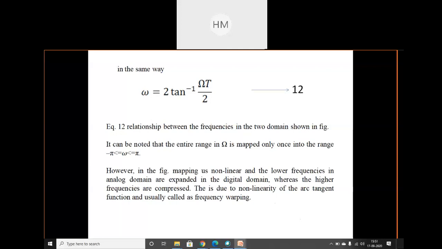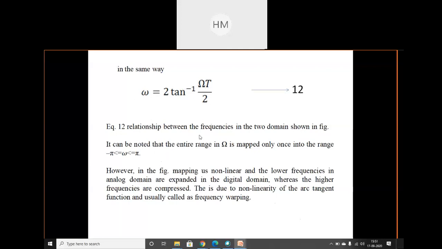Is it clear? So equation 12 shows the relationship between the frequencies in the two domains, ohm and omega.